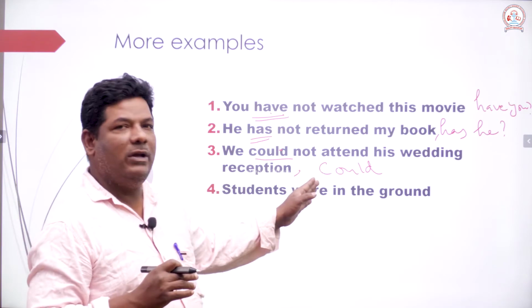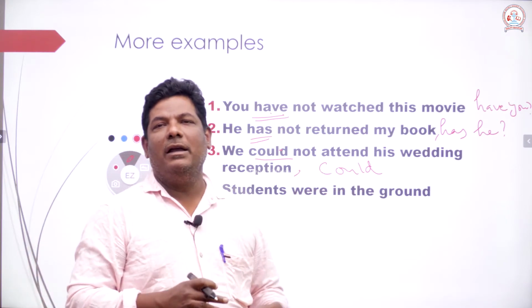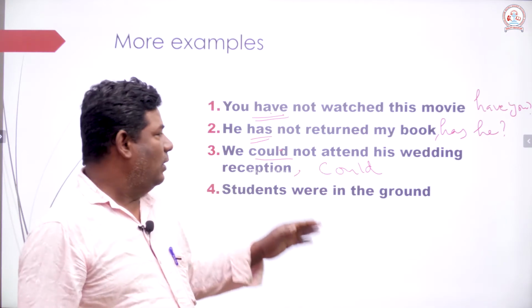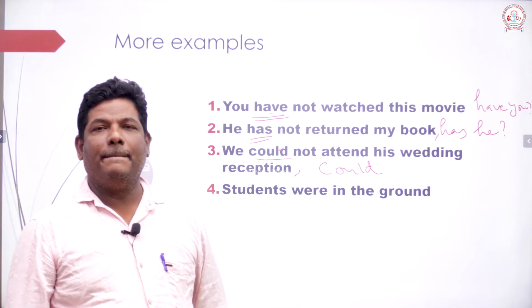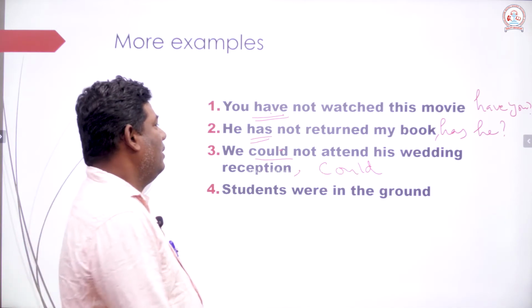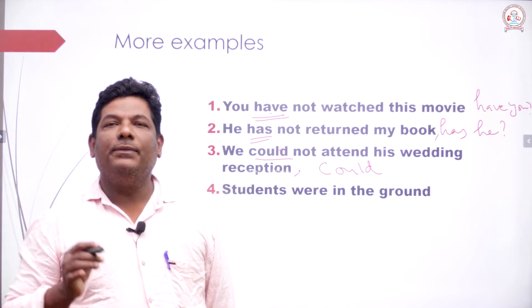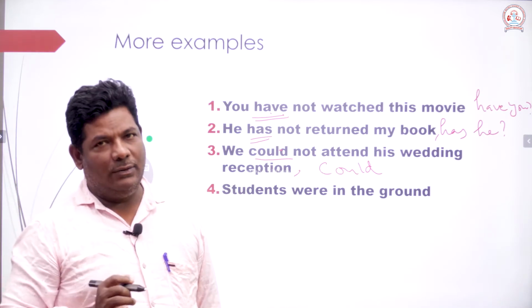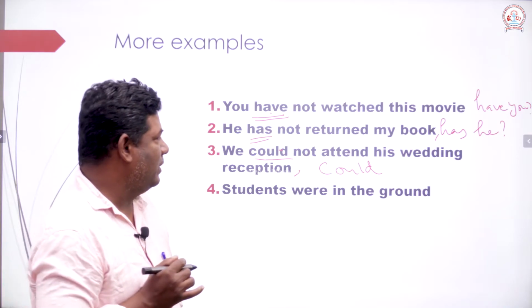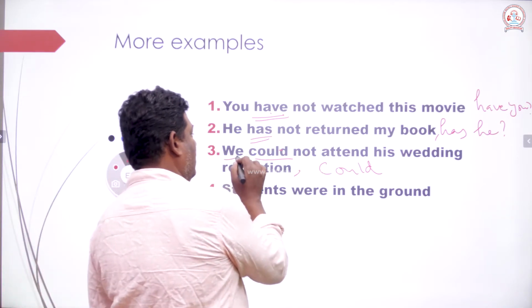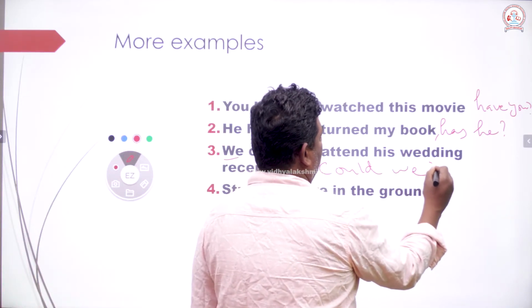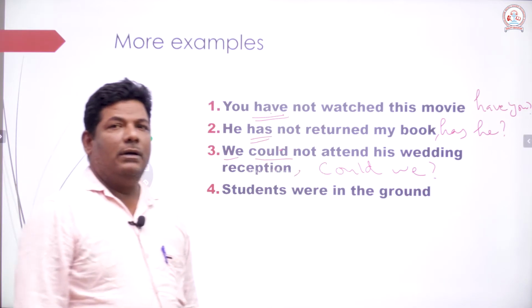What is given can be used and written easily. Okay. So, could. Then the second step is to see whether it is a positive or negative sentence. It is a negative sentence, therefore it takes a positive question tag, we. So, could we.